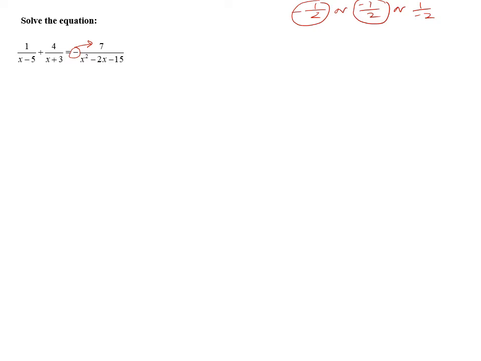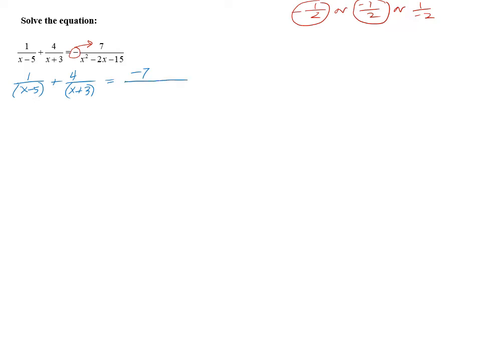All right, so let's look at these denominators and find the LCD. My first fraction has the denominator x minus 5. That's not going to factor, so I'm going to leave it as is. My second fraction has a denominator of x plus 3, which again doesn't factor, so I'll leave it as is. And then my third fraction, again moving the negative into the numerator, so I've got a negative 7.